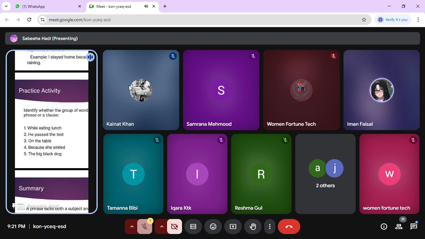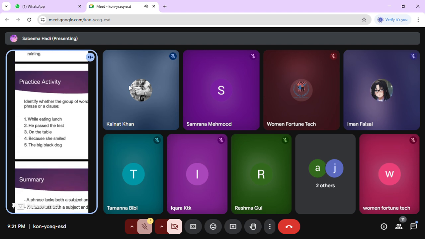The second is "he passed his test." Is it a clause or a phrase? It's a clause. And what type of clause?